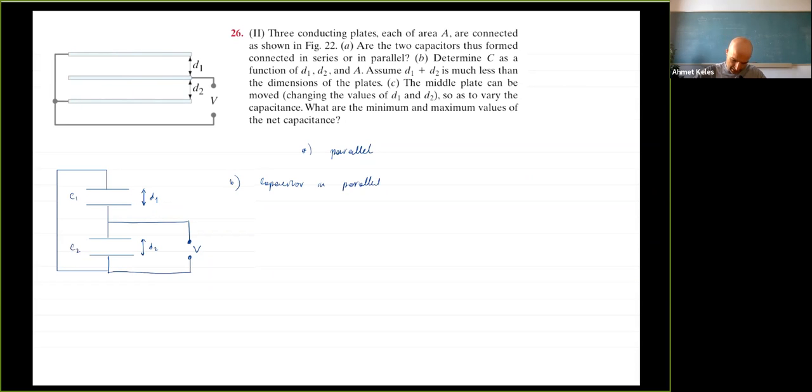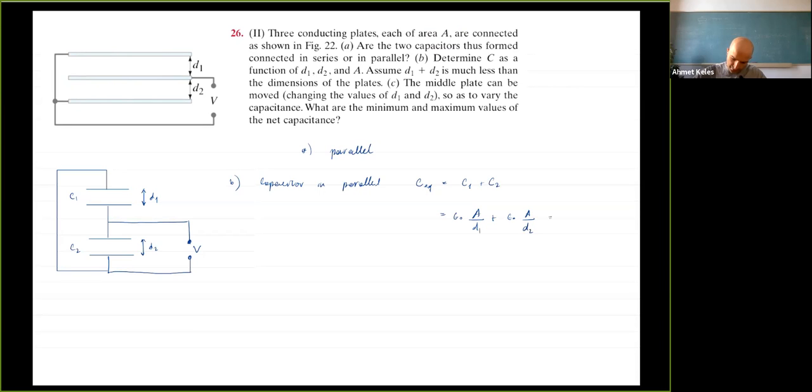And C equivalent, if they are parallel, we know it's C1 plus C2. But C1 and C2 are purely geometrical in this case. They are epsilon 0, the area is given A, and the distance is D1, plus epsilon 0 area of the other one and the distance of the other one, and that's it.